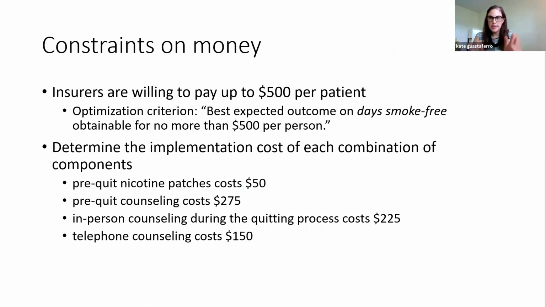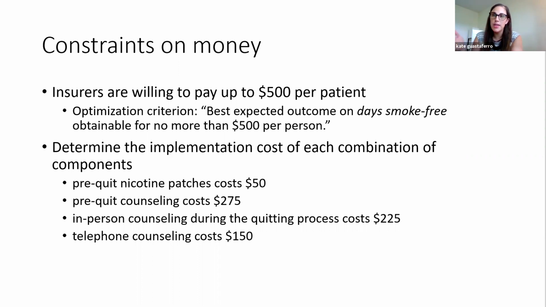Now, let's suppose we have a constraint on money, and the insurers are only willing to pay $500 per participant. So the optimization criterion was the best expected outcome on days smoke-free obtainable for no more than $500 per person. We were able to determine the implementation cost of each combination of the components.